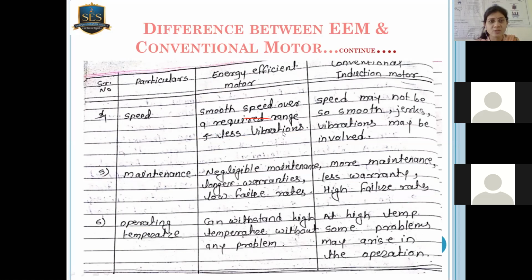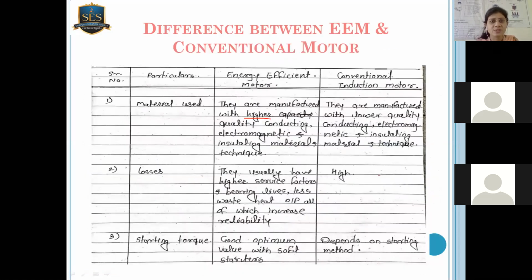In the comparison of energy efficient and conventional motor, we discussed 6 points. First is the material used: here high quality, there lower quality. Losses: here less losses, there high losses. Starting torque: good here, poor there, or depends on the starting.